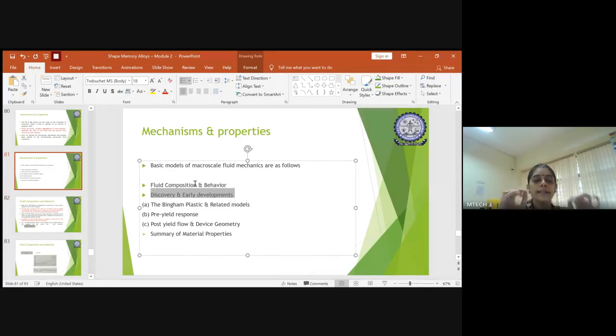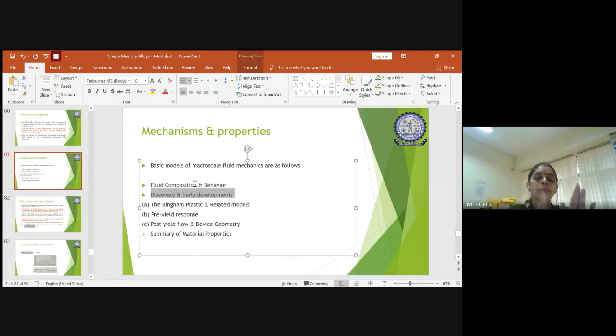In the examination, if they ask you to describe the mechanism involved in analyzing macro scale fluid mechanics associated to ER and MR effect or ER and MR fluid, you should explain all the available mechanisms and you should see the marks for how much it has been asked, and you should be able to manage time and give your best answer to the question which has been asked.